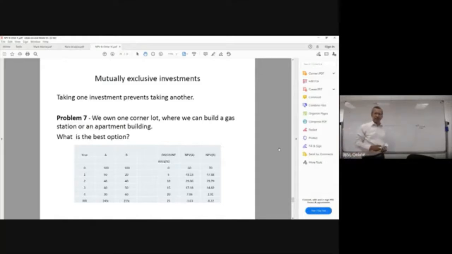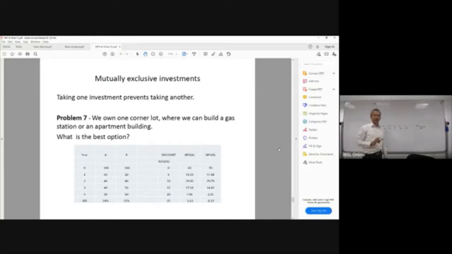So NPV is in the range of maximum 67. So we'll draw these net present value profiles for both projects.